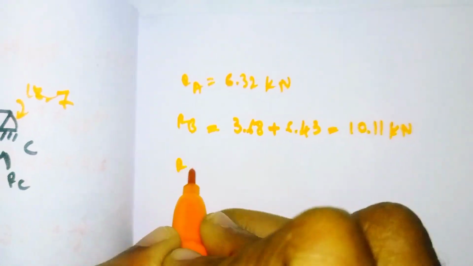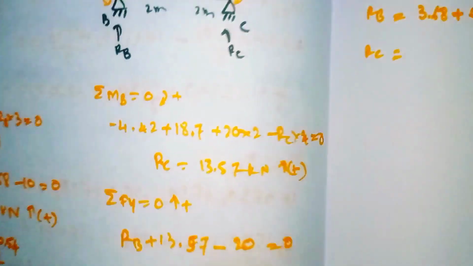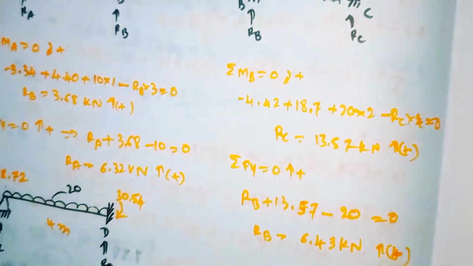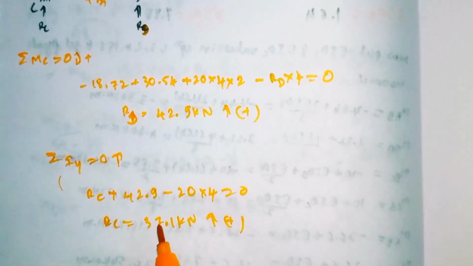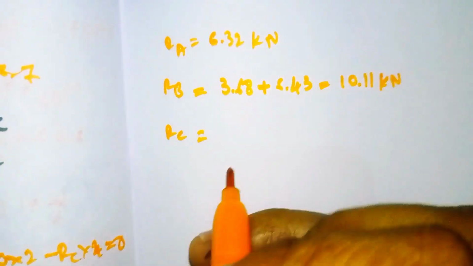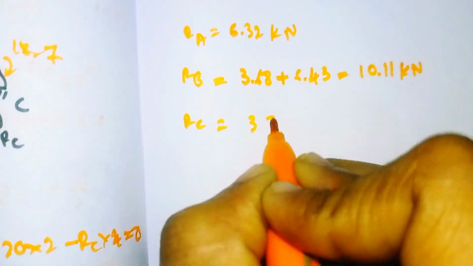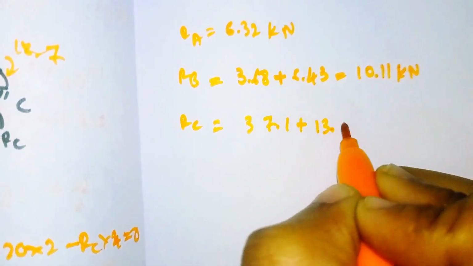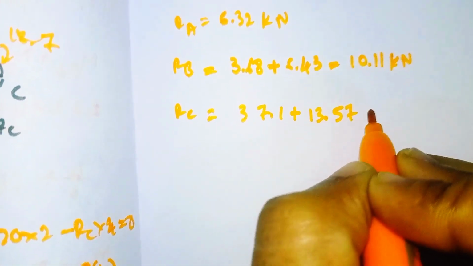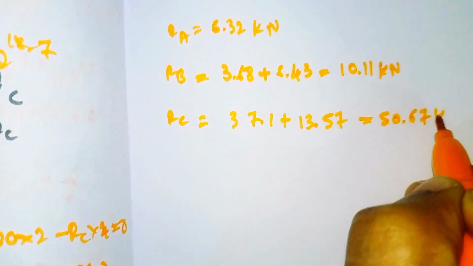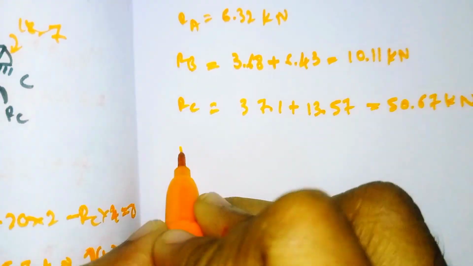Now for RC we have the values 13.57 as well as 37.1. To get the final value we need to add these two: 37.1 plus 13.57 will come out as 50.67 kilonewton.